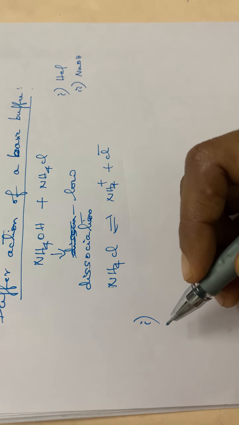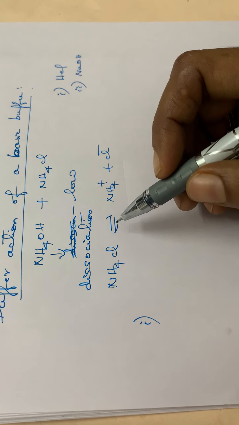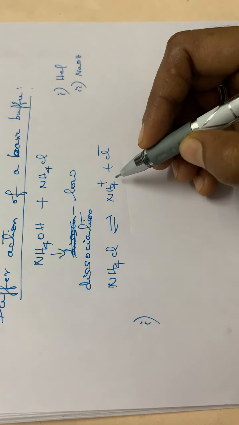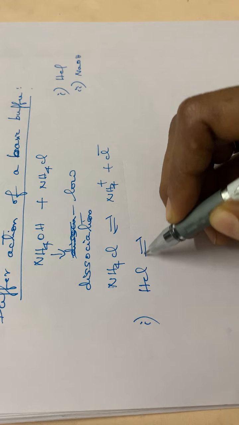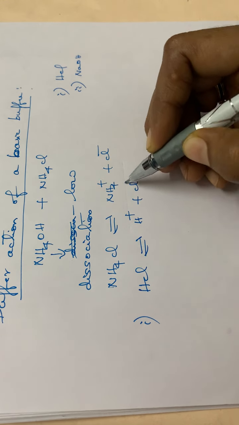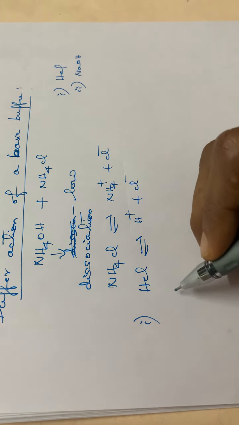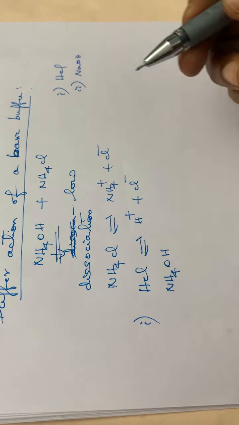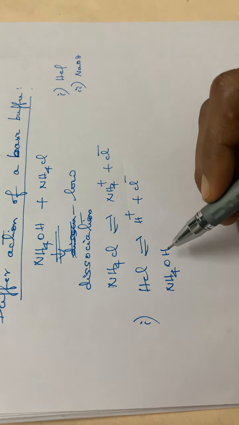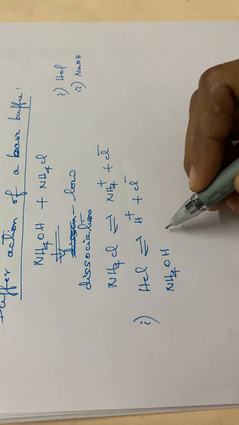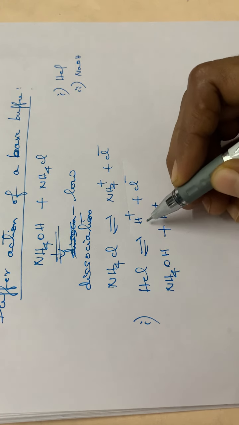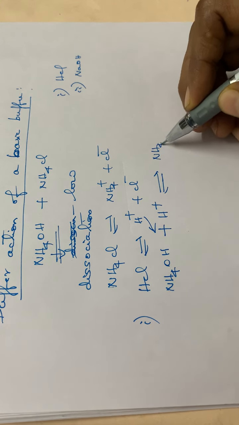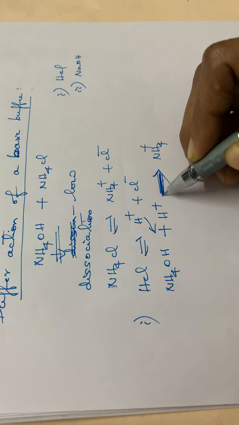So first case, if we are adding HCl to that buffer solution, what happens is that while we are adding HCl, it will be ionizing to give H plus and Cl minus. So the undissociated ammonium hydroxide present in this particular solution will be abstracting this proton. Okay, it will be abstracting this proton to form NH4 plus, not a reverse reaction, it's a forward reaction.